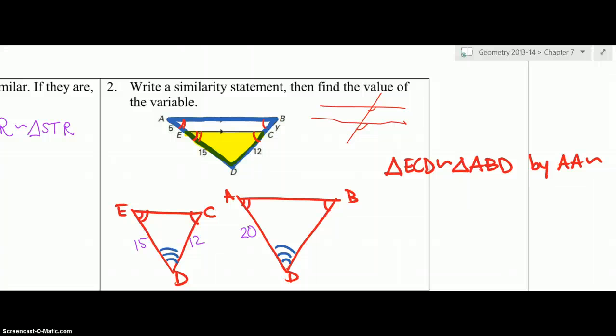Okay. What if y was 3? How long would BD be? 15. What if y was 8? What would BD be? If y is 3, how long is BD?